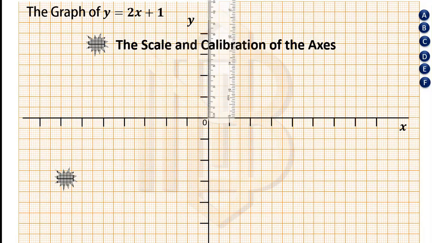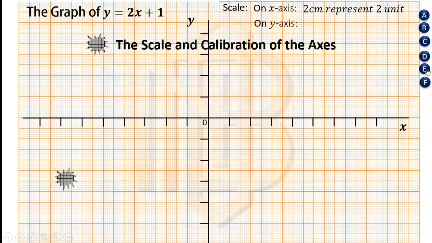So in your scaling, for instance, the scaling that you have decided to use here, we have a scaling on x-axis. Let's say we say 2 centimeters represents 2 units. By that, it means we have our 2 centimeters to represent 2 units.